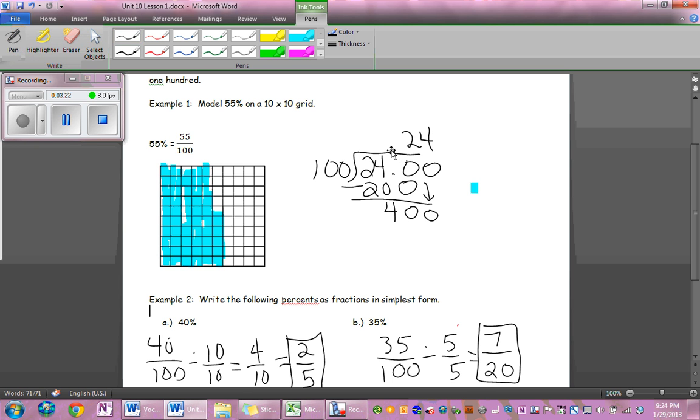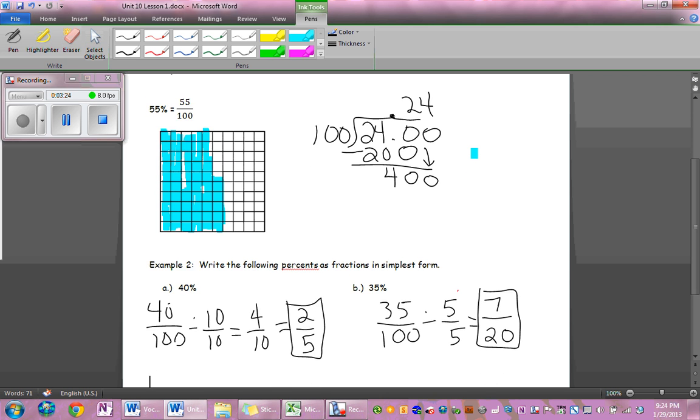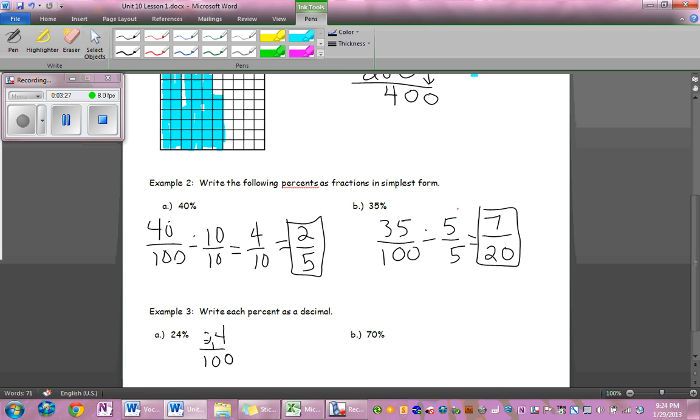If I were to look at number 3b, I would look at that the same way. I would write that as 70 out of 100. So I would put the top number in the box, 70, the bottom number outside.